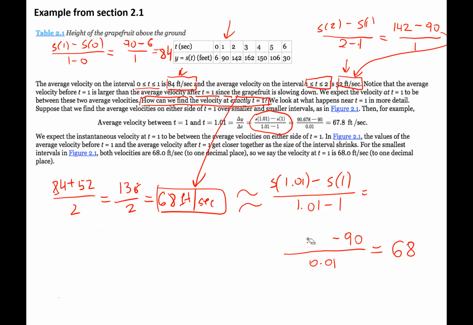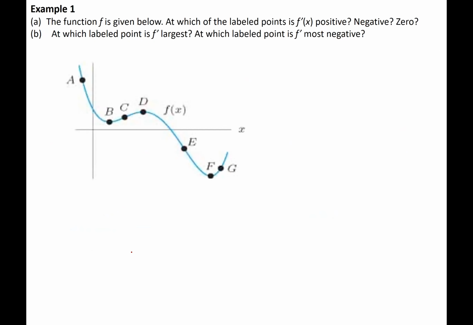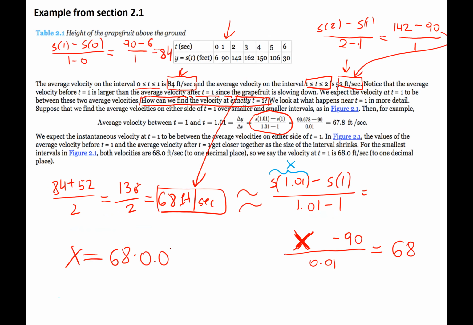Let's name this x. Oh, we don't have x, we have t. Okay, we can use x. x is the value that we're looking for. I will multiply 68 times 0.01 and add 90, if I would like to solve this equation.